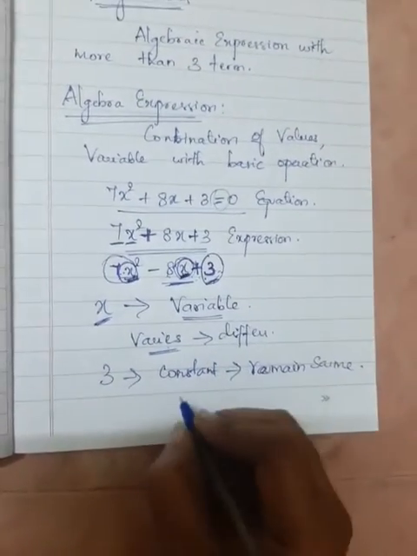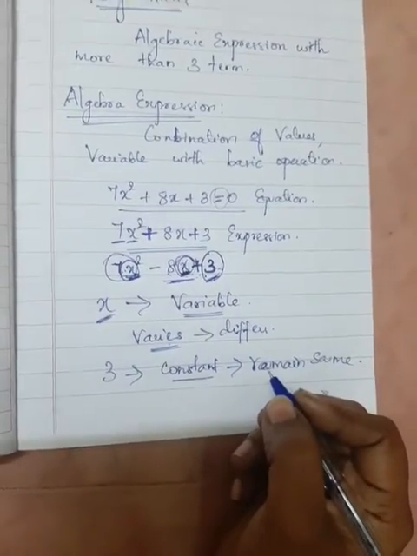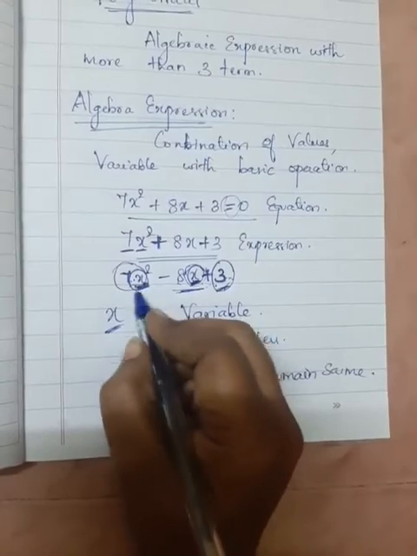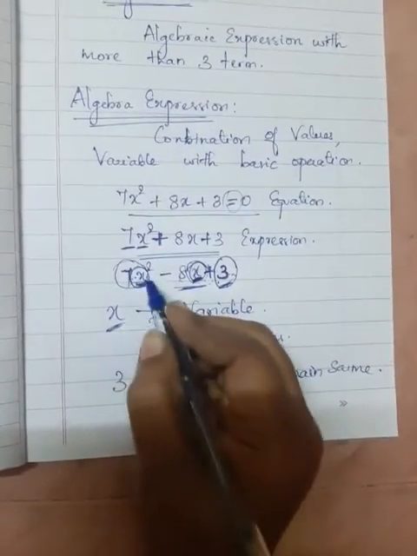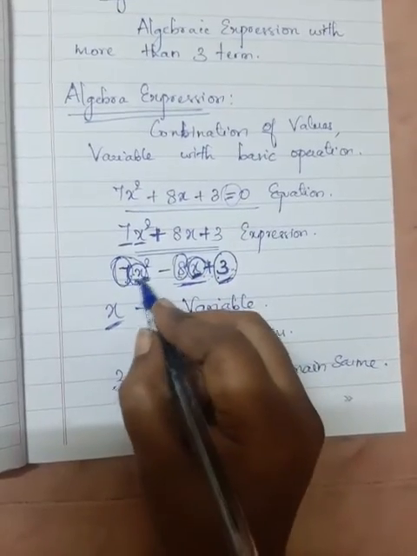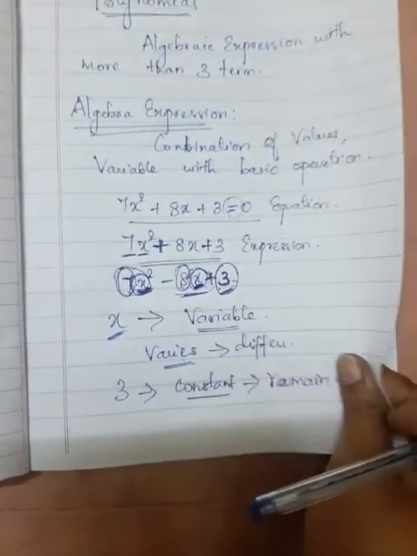So then we call that as constant. Okay, and then see here, before this variable we have some number, some value which is multiplied along with this variable. Those values, we call as coefficients.